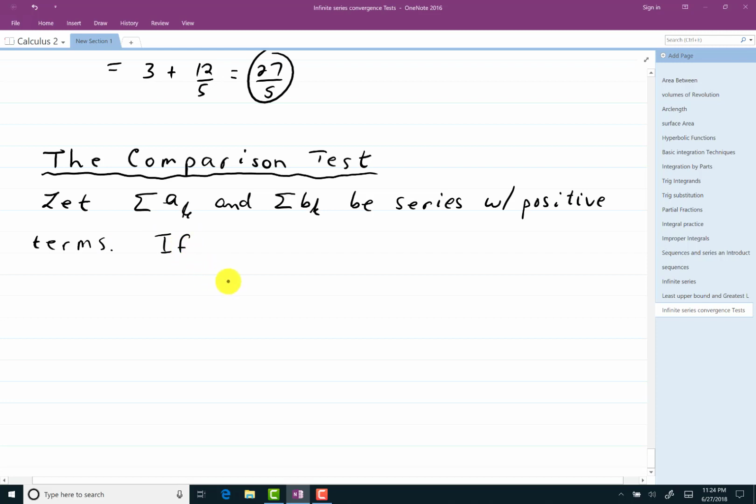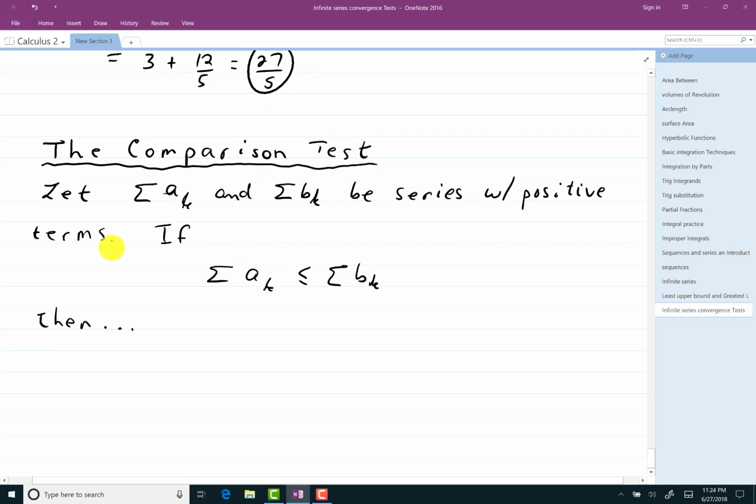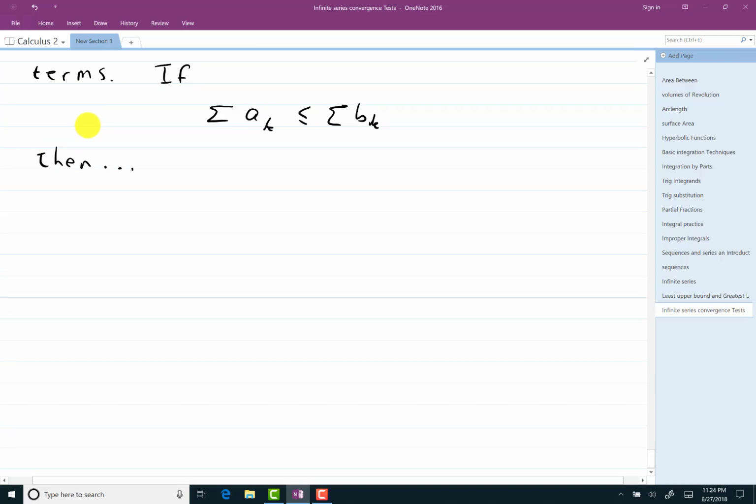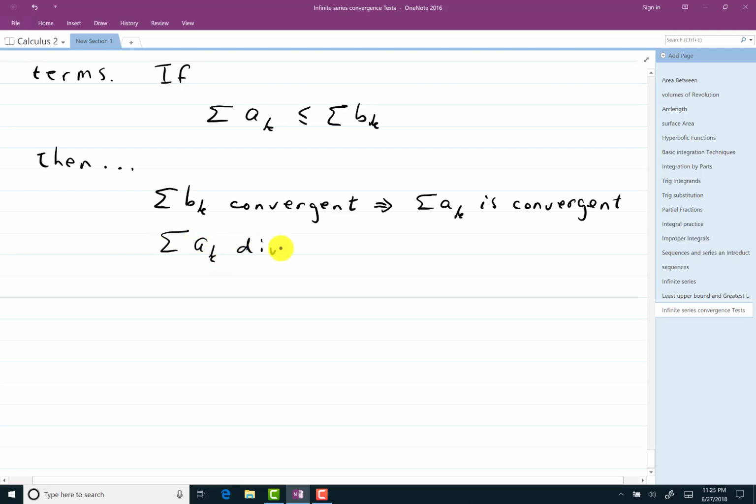If I know that A sub k is less than or equal to B sub k, then B sub k convergent implies that A sub k is convergent, and A sub k divergent implies that B sub k is divergent.